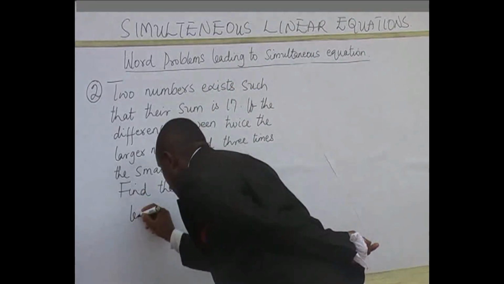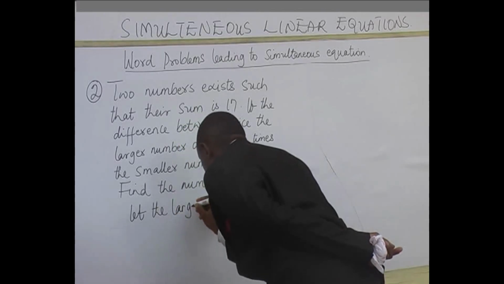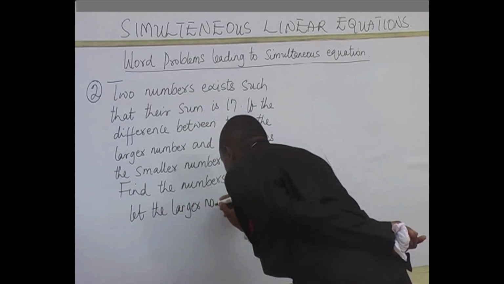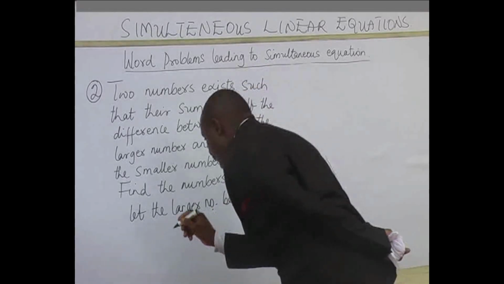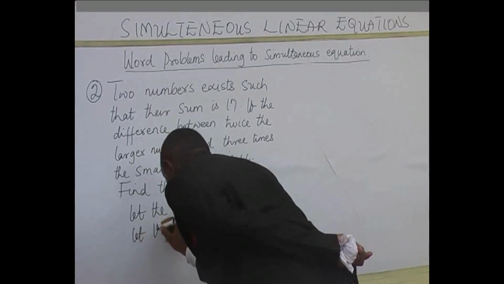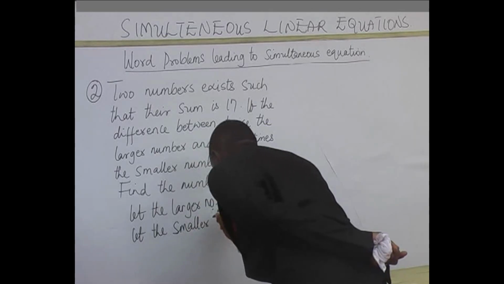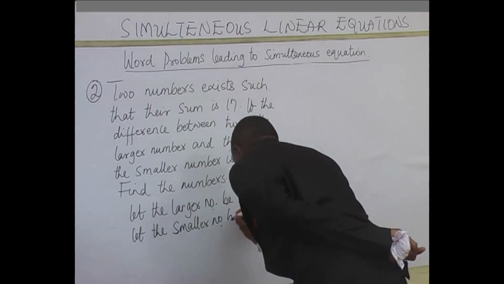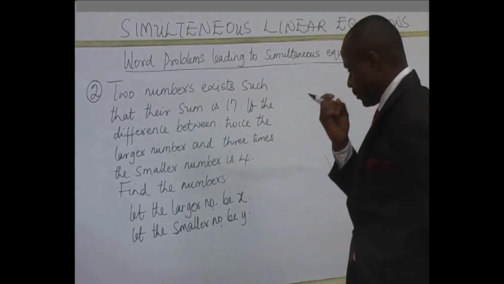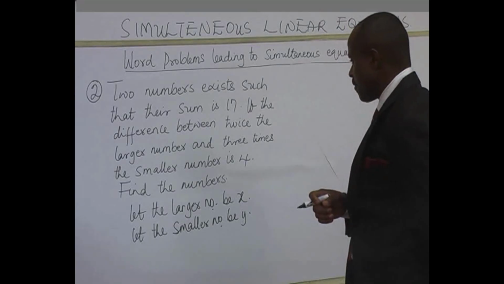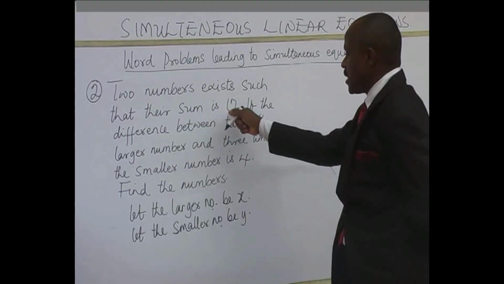Let this larger number be represented by X, and let the smaller number be represented by Y. Now after this, from the first sentence, they say two numbers exist such that their sum is 17.